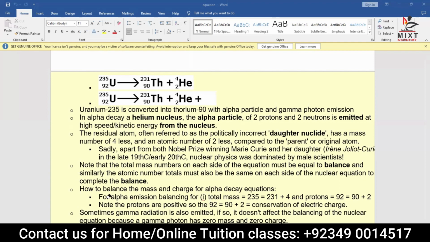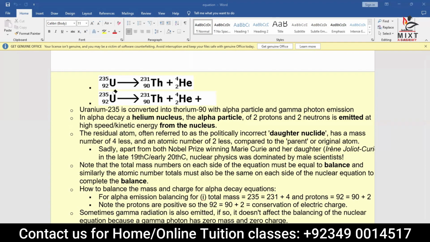Okay. So if protons are decreased by 2, what about the number of neutrons? They would also decrease by 2. Yeah. So the number of protons is reduced by 2 and the number of neutrons is reduced by 2 as well. That is the reason, because the atomic number is only reduced by 2 here and the number of neutrons is also reduced by 2.